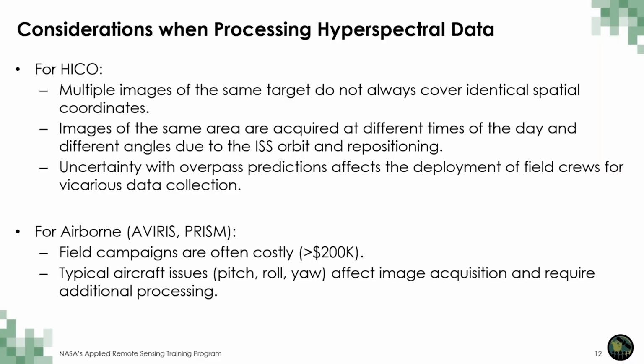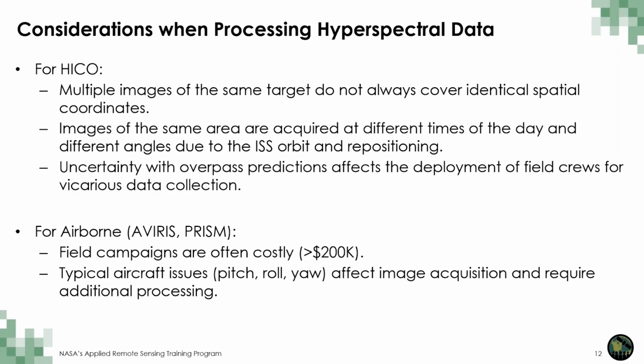So you might need to do some additional geo-rectification to make the images useful. Also, there's the uncertainty with overpass predictions that affects, for instance, the deployment of field crews for vicarious data collection, chips, and others, and this is usually pretty costly.